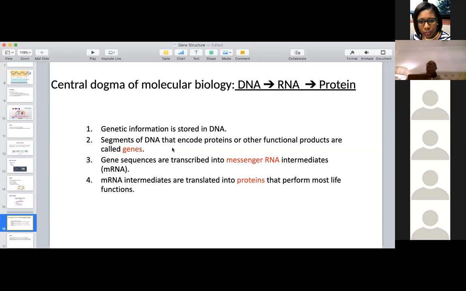Segments of DNA that encode proteins or other functional products, we call those genes, all right? So these gene sequences are going to be transcribed into messenger RNA, basically some intermediate molecules, okay? These messenger RNAs are then going to be translated into protein, okay? And these proteins are responsible for giving cells their unique functions, okay?